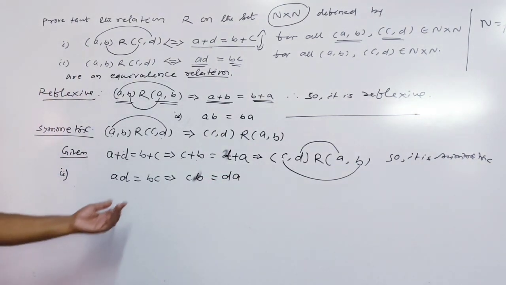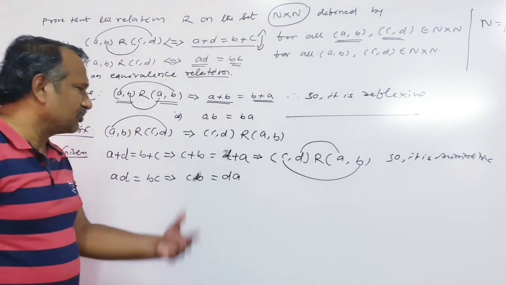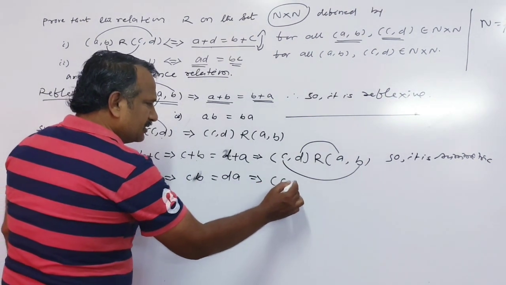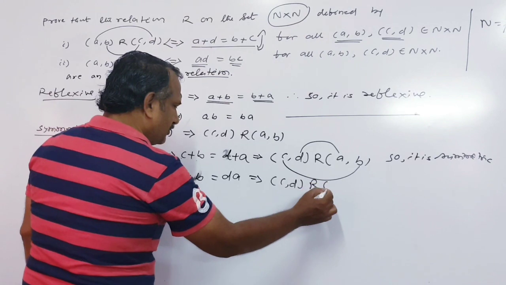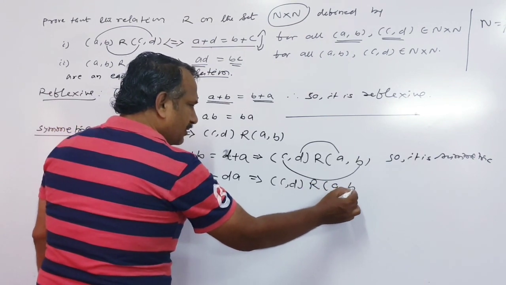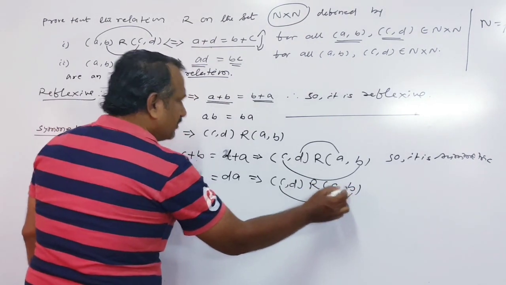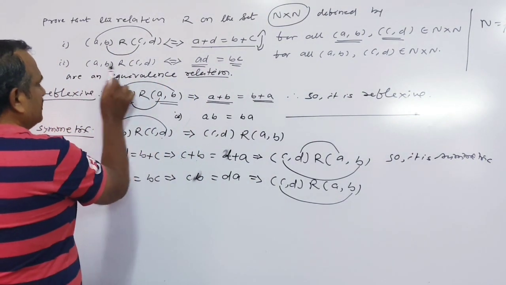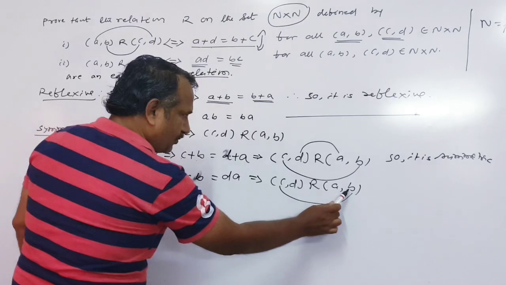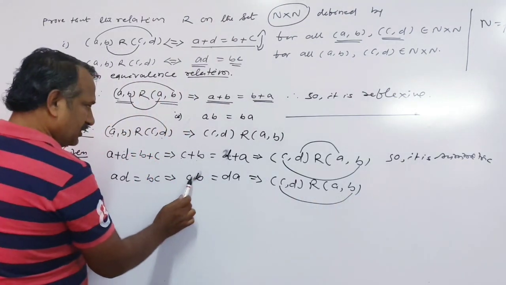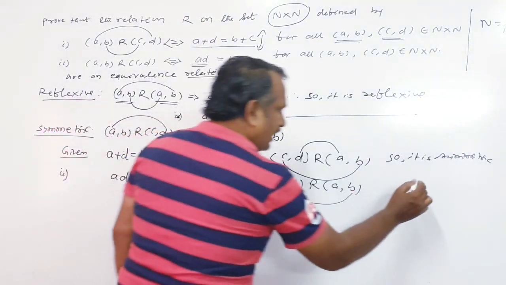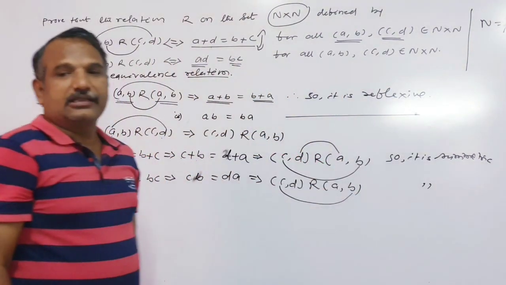For multiplication, 2 into 3 equal to 3 into 2 also you can write. Okay. Now this part equal to same thing. (c,d) is related to how much? (a,b). First to fourth, cb, second, third. Okay. So it's symmetric.